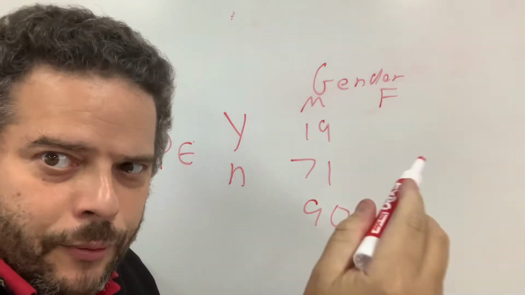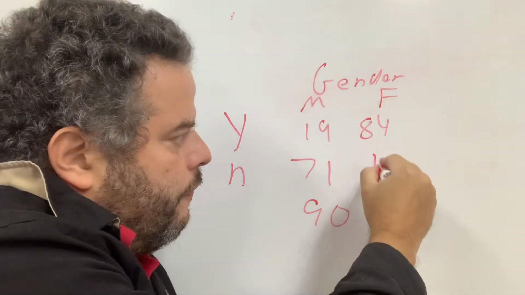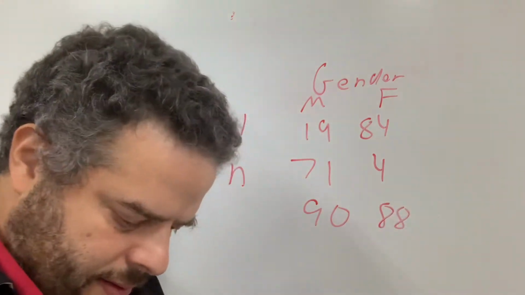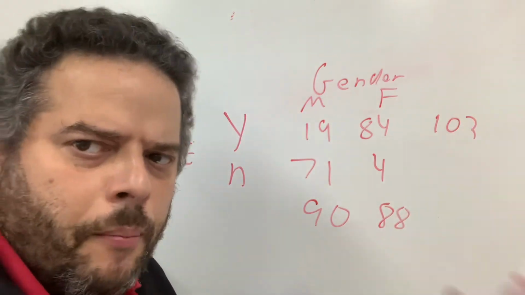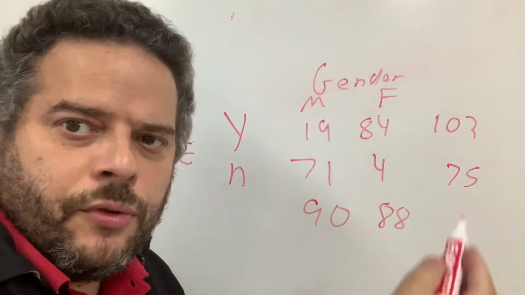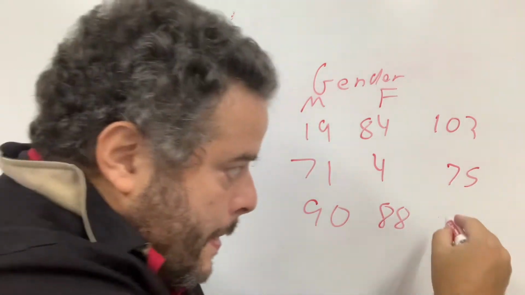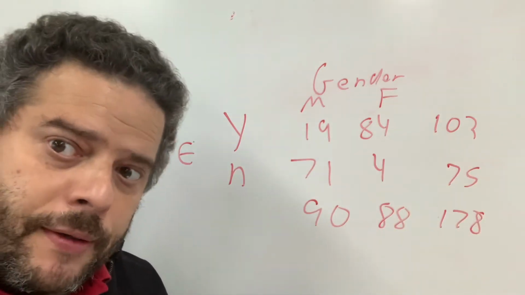I'm not assuming that's what's in the book. 84, 488, 103. Again, this is a two-way table. These are the marginal frequencies. You should already know this and also be used to my very ugly numbers. 178.